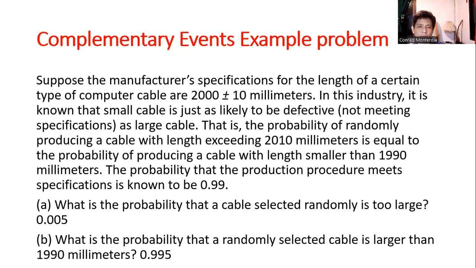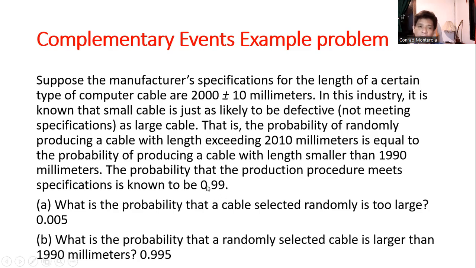Okay. So pagpasok siya, 1990 to 2010, 99% yun. Ano? So what is the probability that a cable selected is randomly too large? Okay? So hatiin natin yung error, no? Kasi ang dito, ang probability na hindi siya pasok dun sa specs na 1990 hanggang 2010 is just 1% or 0.01.